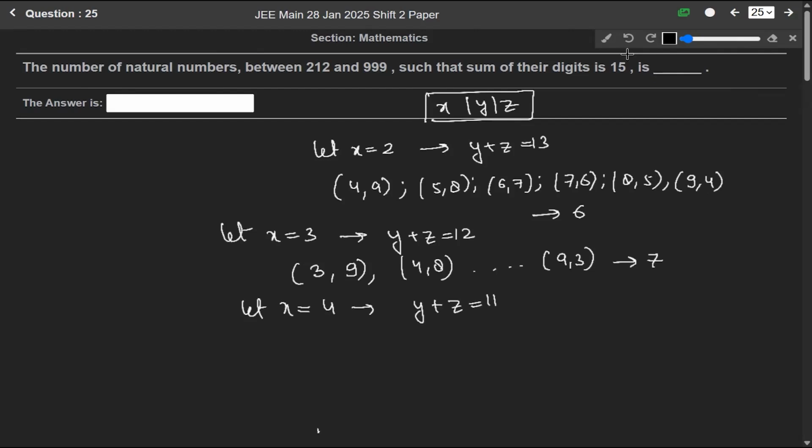Similarly, the ways will be 2,9; 3,8; and similarly up to 9,2. So there will be 9 ways.